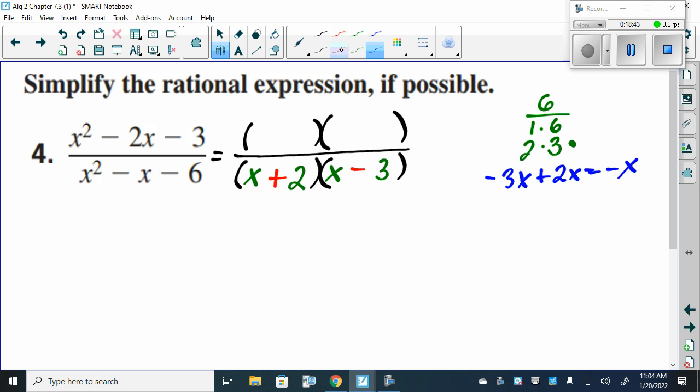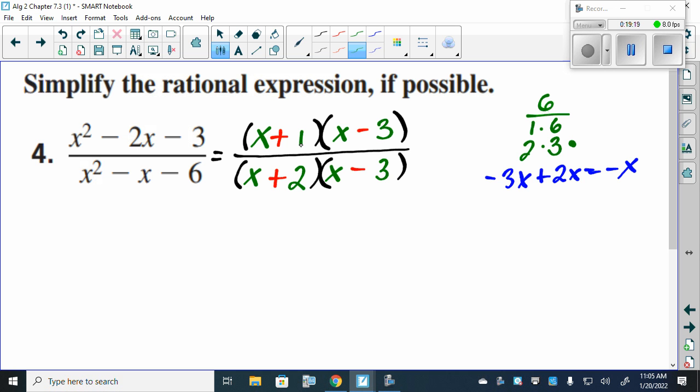Okay. If we look at the numerator, x squared minus 2x minus 3, since the third term is negative, our signs are opposite. One's going to be positive and one's going to be negative. Now the factors of x squared are x and x. And well, the factors of 3 are 1 and 3. There's only one set. We would need the 3 to be negative, because if we're going to have a common factor on top and bottom, we need the x to be minus 3.